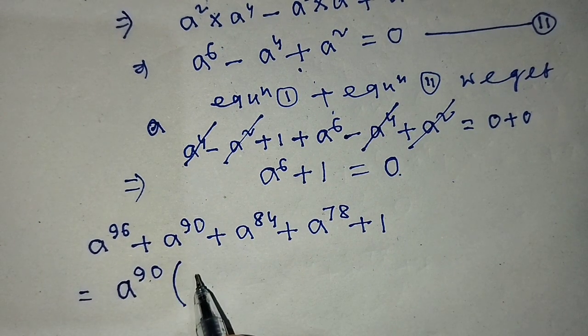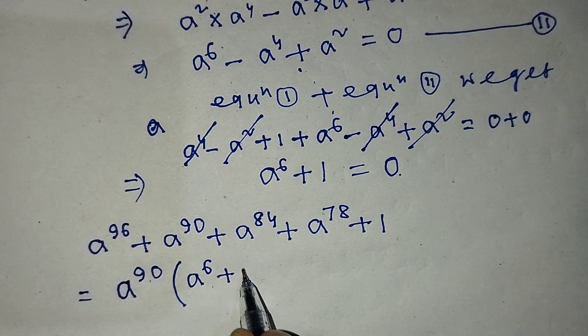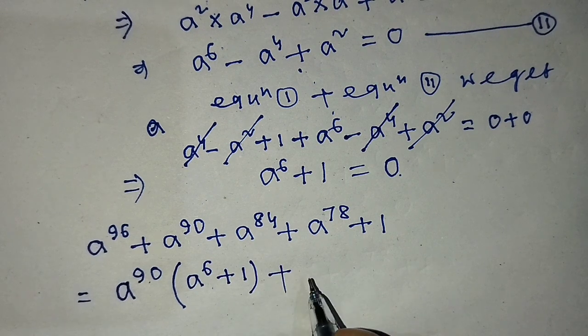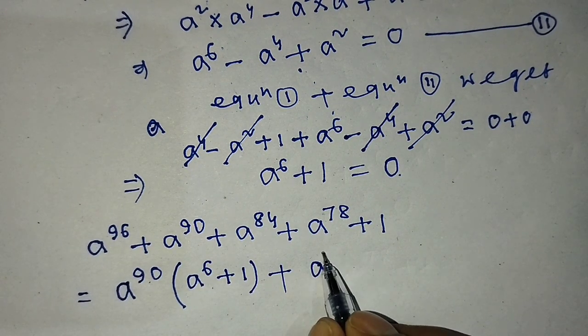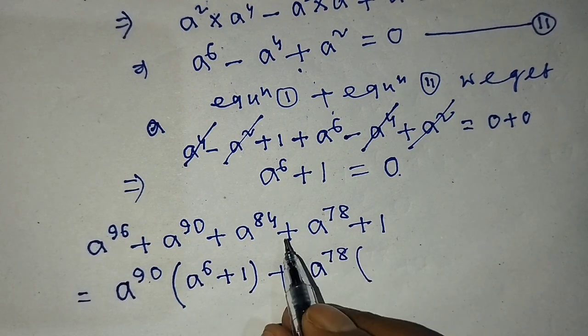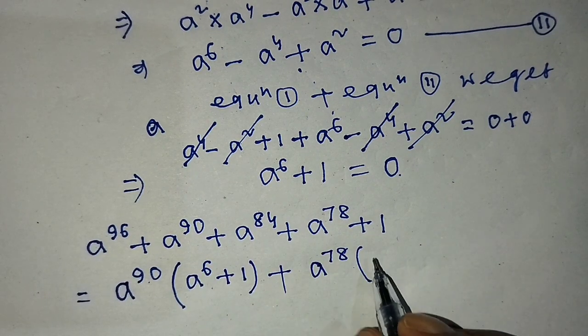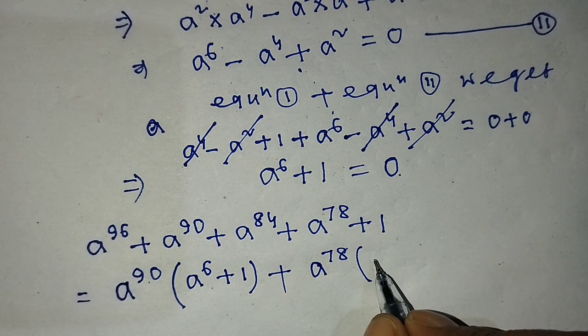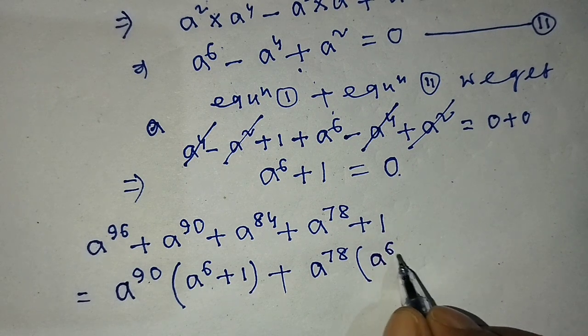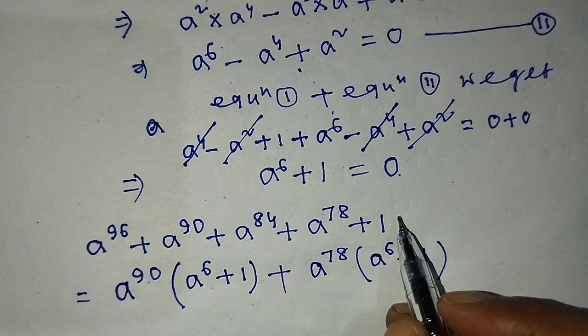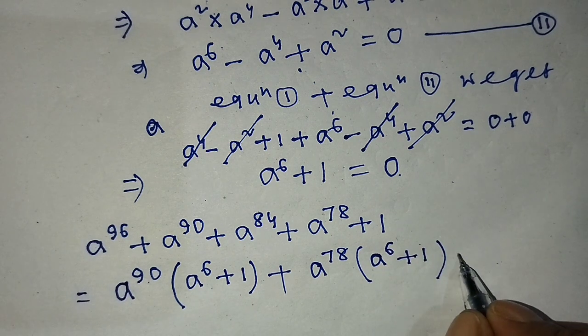So we have to write inside this bracket a to the power 6 plus 1 plus, so here we can take the common a to the power 78 from second two terms. So inside this bracket we have to write a to the power 6 plus 1. So here is plus 1, so you have to write plus 1.